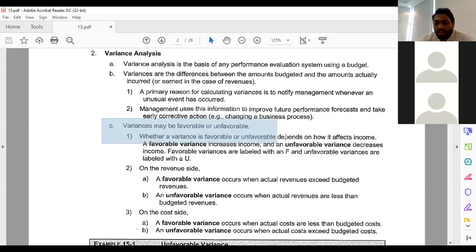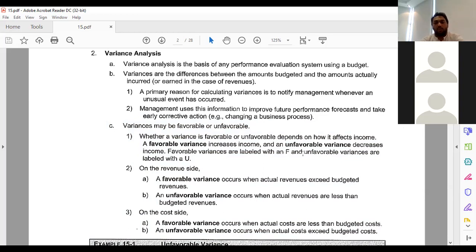For example, we targeted 20,000 unit sales, but actually we sold 22,000 units. Then it's a favorable variance. If we didn't reach our budget, then we say the difference is an unfavorable variance. Whether a variance is favorable or unfavorable depends on how it affects income. A favorable variance increases income and an unfavorable variance decreases income.